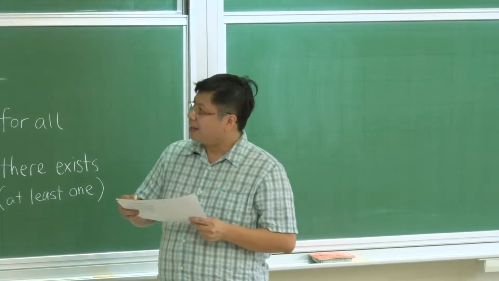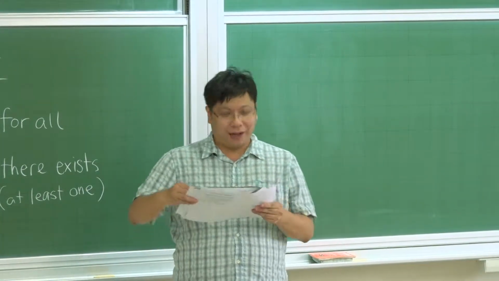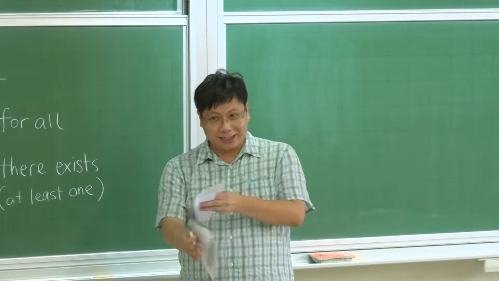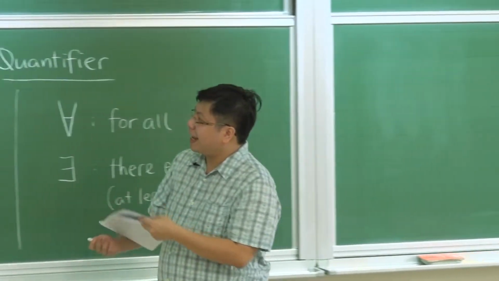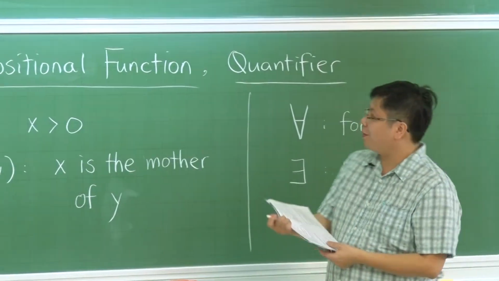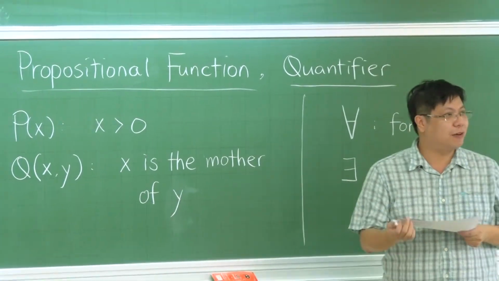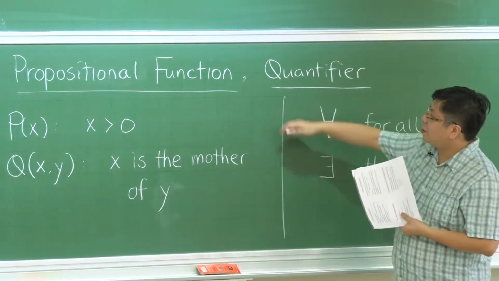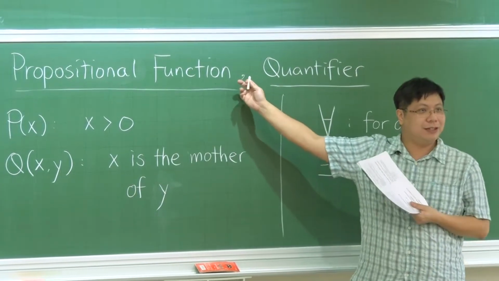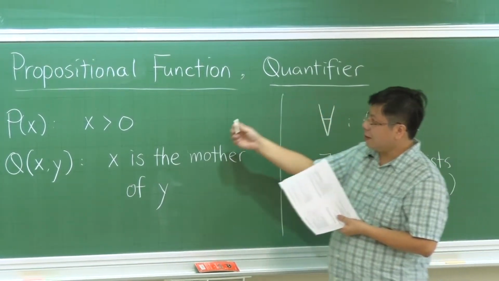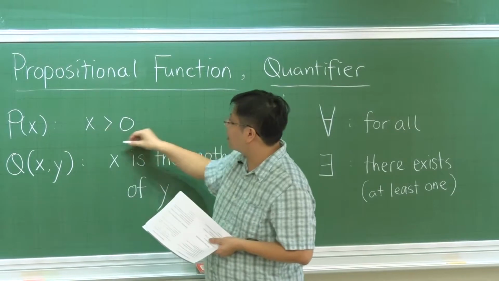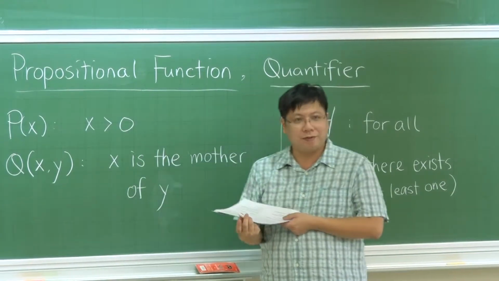Okay. So today we will continue our discussion on predicate calculus. Let us do a very quick review of the two concepts that we introduced last time. We have talked about the propositional function, for instance, x is greater than 0. This is a propositional function.